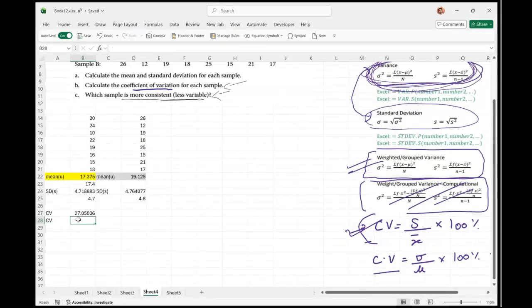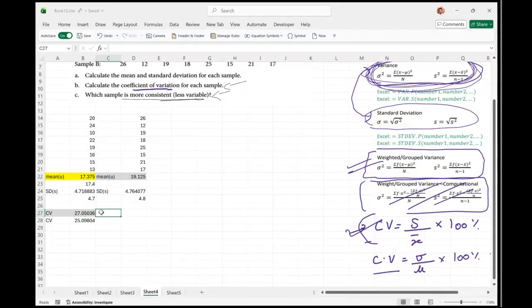For the second one, equal to, again, start the bracket, this number divided by this number, and multiply by 100. So the first data is more dispersed. The more the coefficient of variation is, the less reliable the data is. So the second data is more reliable compared to the first one.